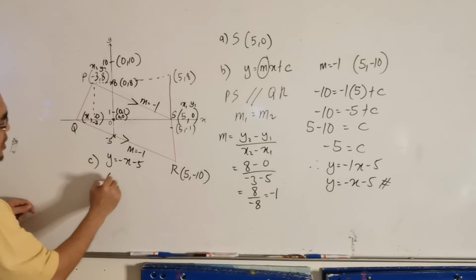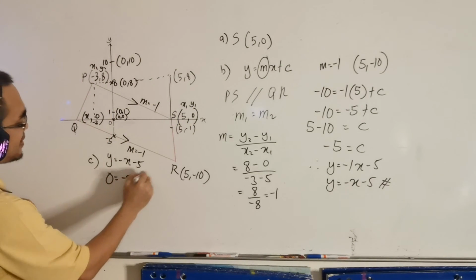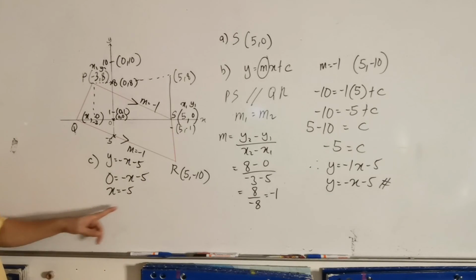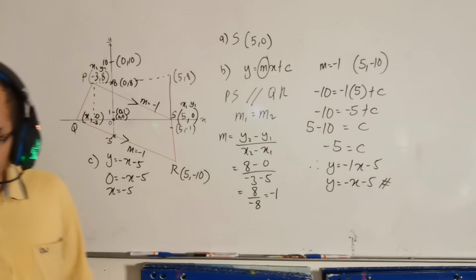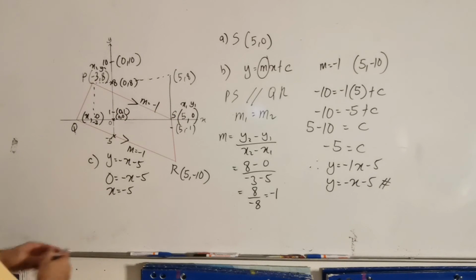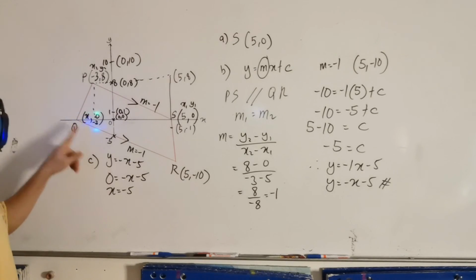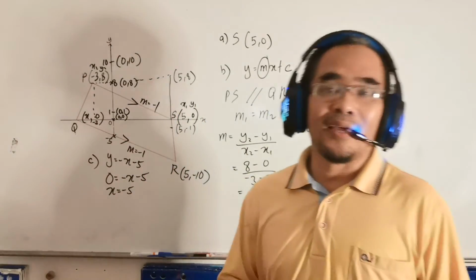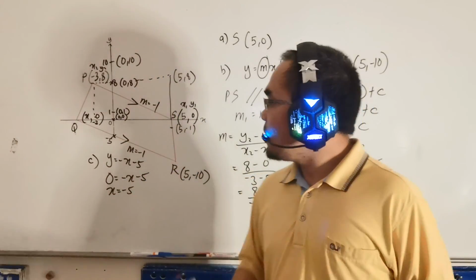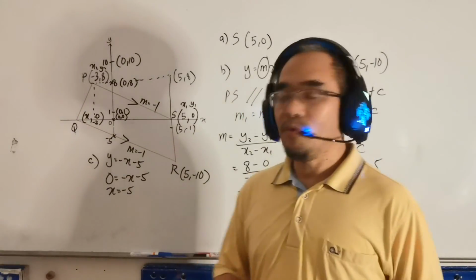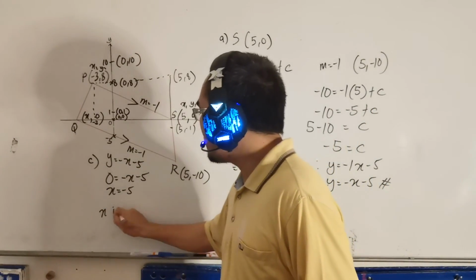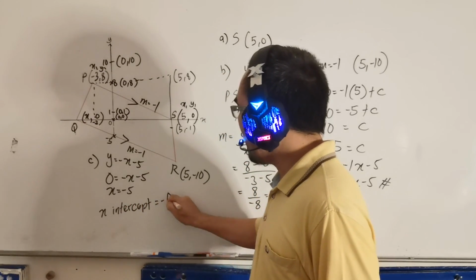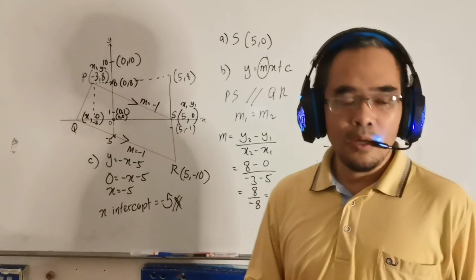So 0 equals negative x minus 5, and moving negative x over, x equals negative 5. So the coordinate of Q is negative 5, 0. But to answer this question, what is the x-intercept? The answer is negative 5. So the x-intercept is negative 5. That is the answer for C.